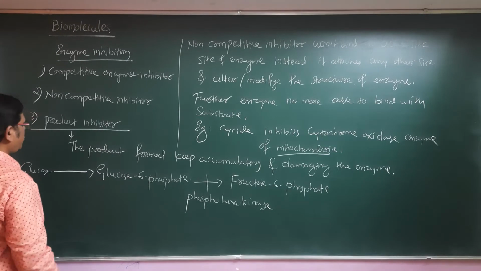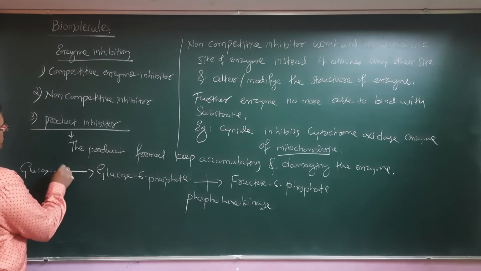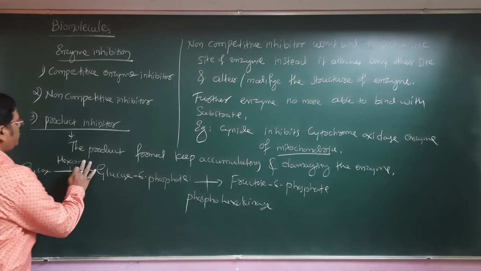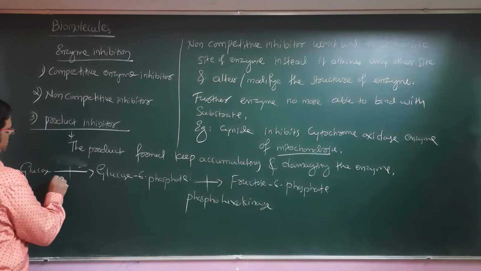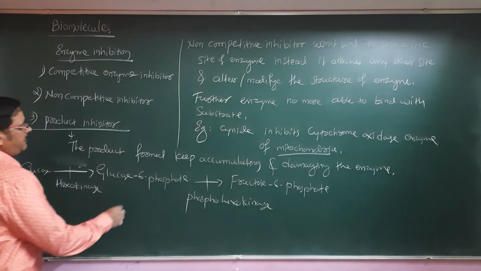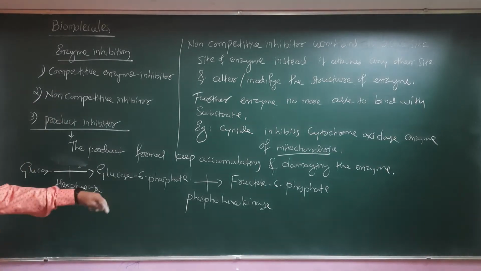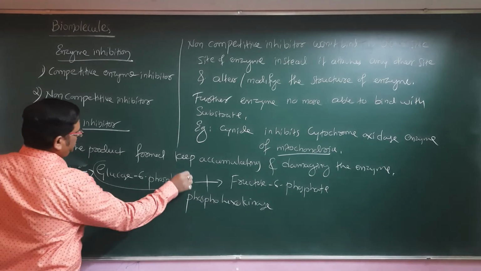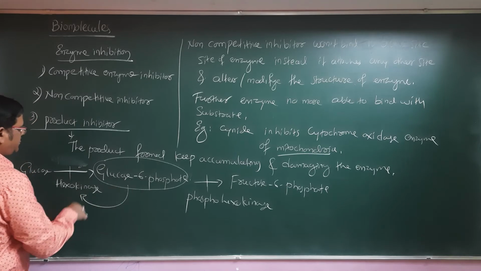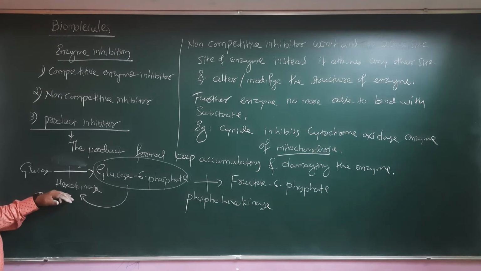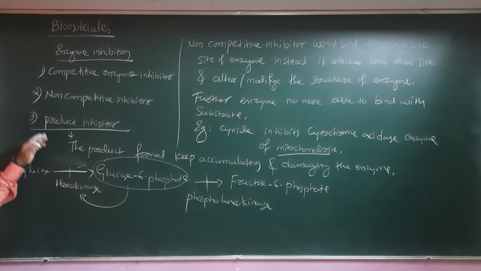Here the enzyme is hexokinase, simple hexokinase only. This is an important reaction that keeps on happening in glycolysis. So if glucose 6-phosphate keeps accumulating, it can damage the enzyme hexokinase. So the hexokinase will be inhibited or affected by the unwanted excess glucose 6-phosphate, the product, once it is synthesized.